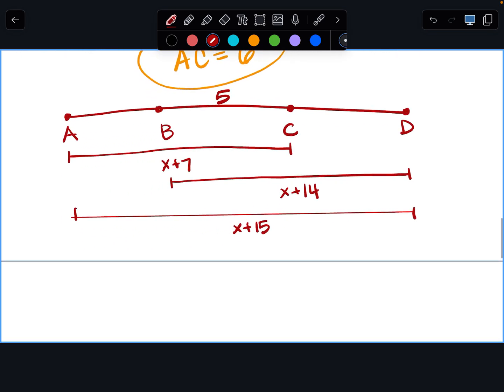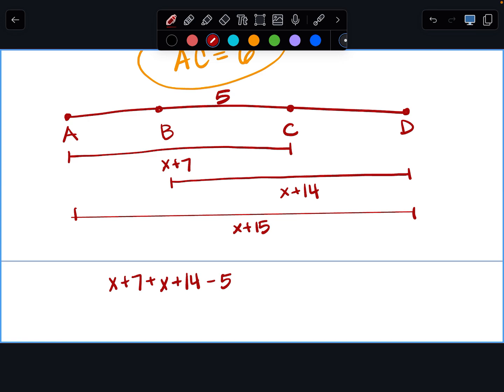So this, again, is one like the first one where we have to subtract one out because you have overlapping lines that include BC. If you added up x plus 7 and x plus 14, you would have BC in there twice. So you need to subtract it out one time. So the way you'd set up the equation is x plus 7 plus x plus 14 minus 5.